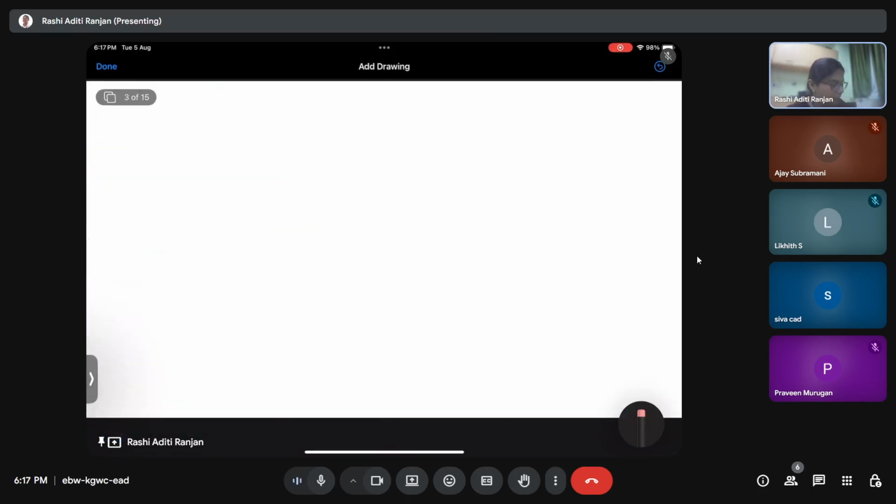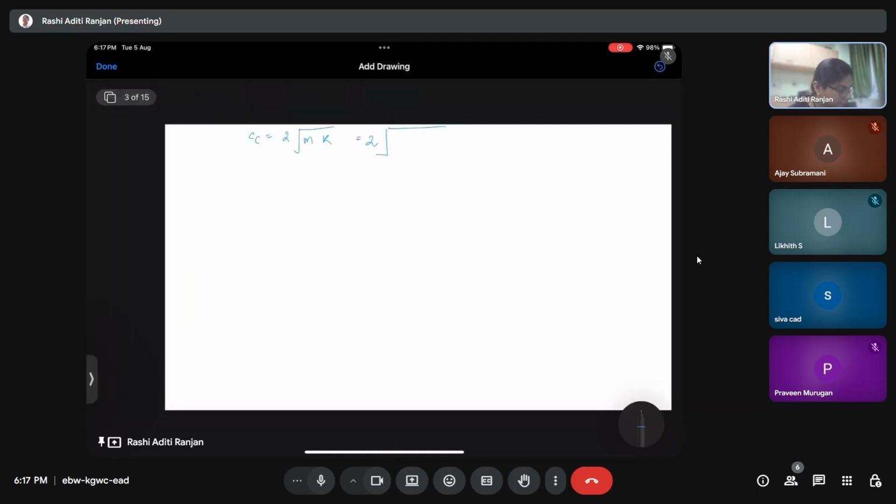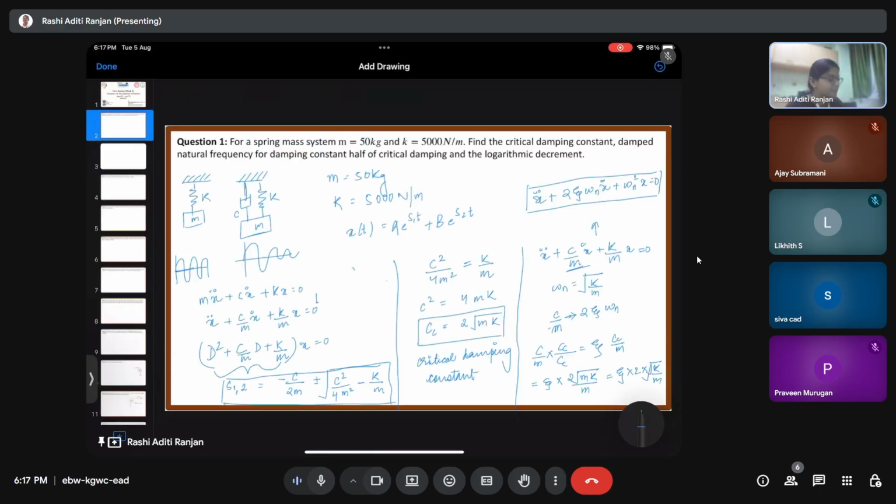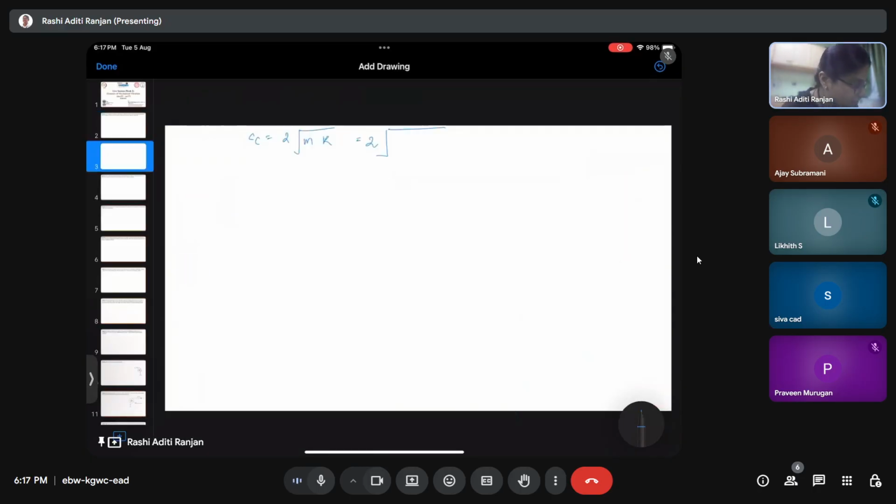So we know already that Cc is equal to twice of under root m k. 2 into, we have mass as 50 kg and k as 5,000.